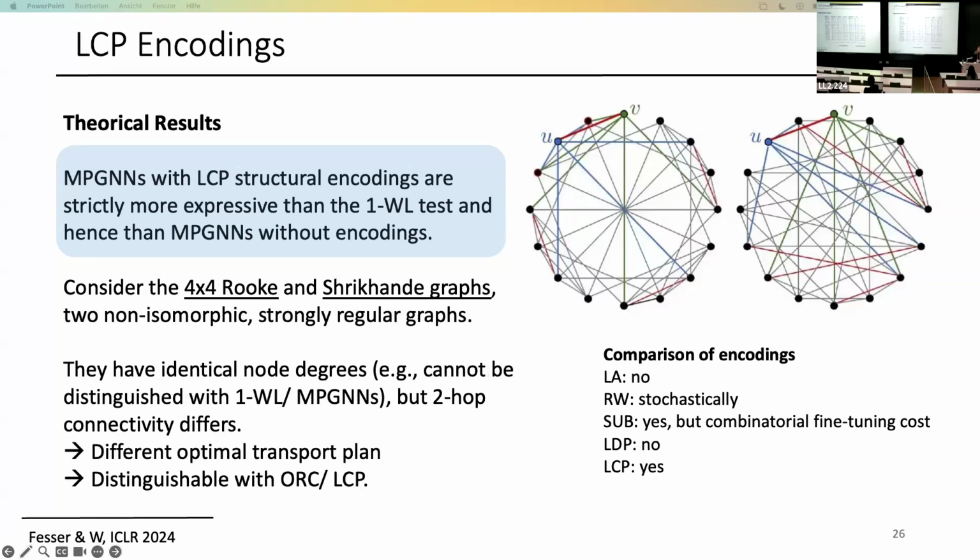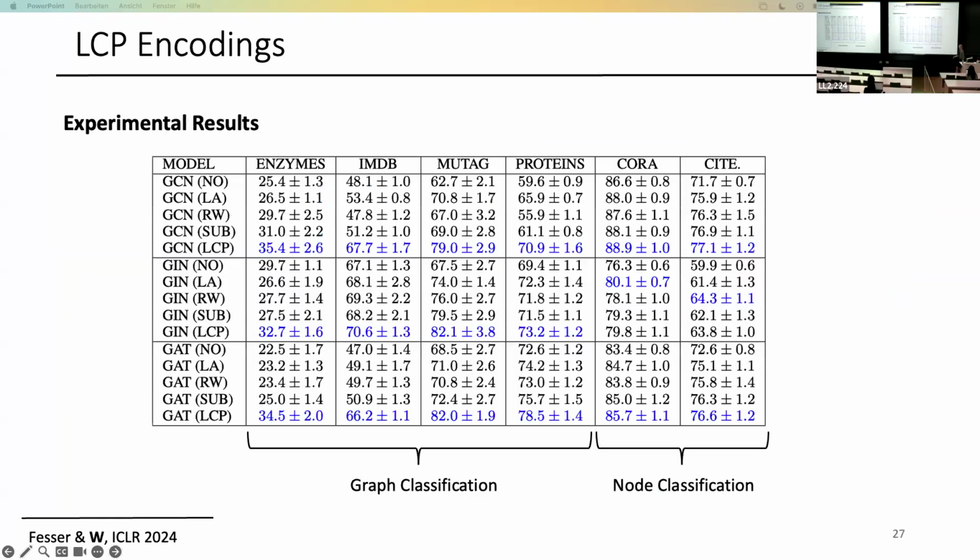So this was a toy example, but we also see the advantages of that in practice. Here, again, we have a graph classification task, and then also a node classification task. In each of those 3 blocks is a different kind of message passing architecture. We have, again, the GCNs that we saw earlier, and then 2 other variants. In each block, the top row is no encoding, so just pure message passing.